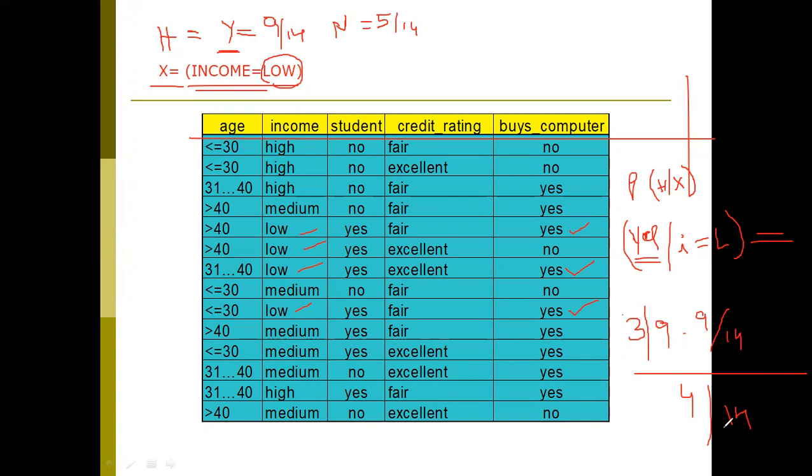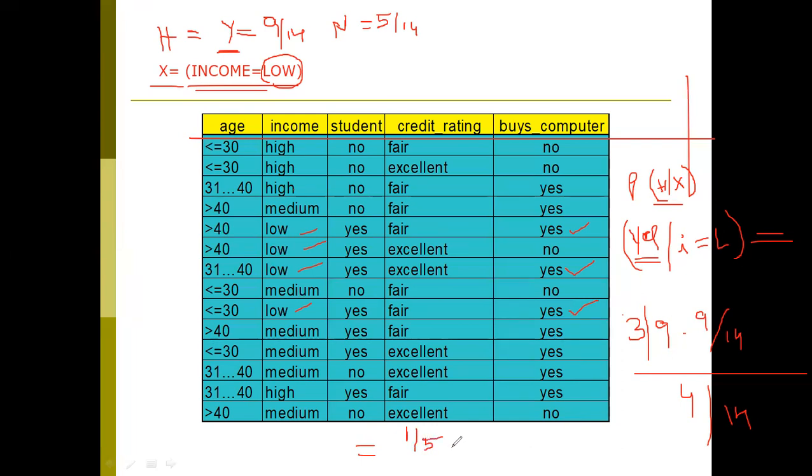These are the values I have substituted in the previous formula. So H in the sense, now I want to find out yes. Instead of S, you may take directly no also. The same thing you can apply for no. So N by I equal to L, that equals how many no's are there? Only one no, by total number of no's are 5, right?